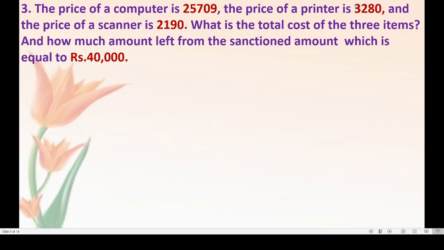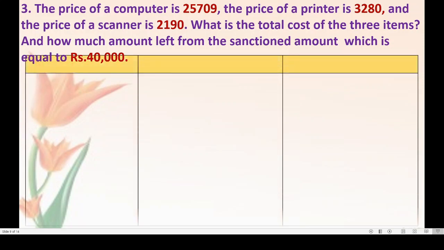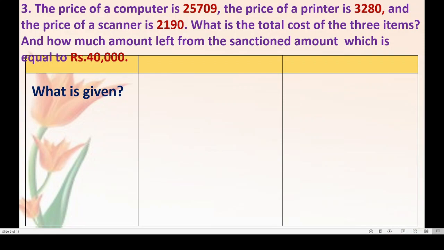Now it is asked what is the total cost of all these three items. That is, first we have to solve that. Then afterwards what we have to find out? We have to find out how much money is left. Okay, we will go through steps. What is given?